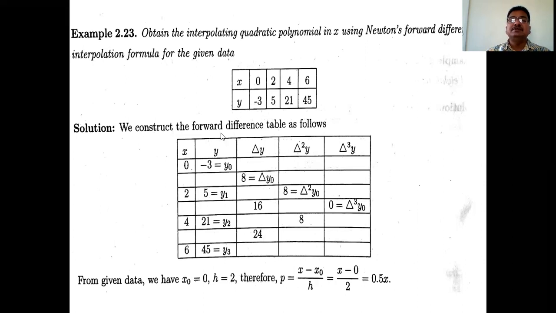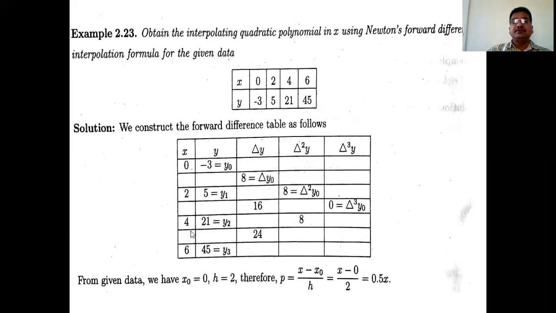Therefore here we are going to use Newton's forward interpolation formula, and that's why we prepare the forward difference table. If we were going to use Newton's backward interpolation formula, then we would prepare the backward difference table. So this is the forward difference table.